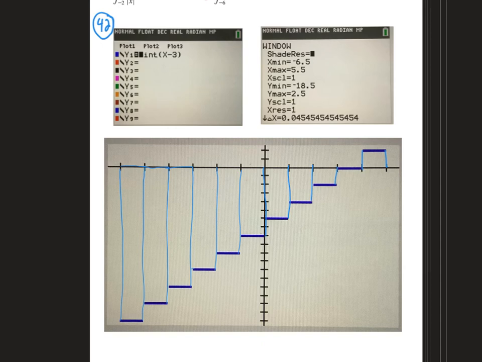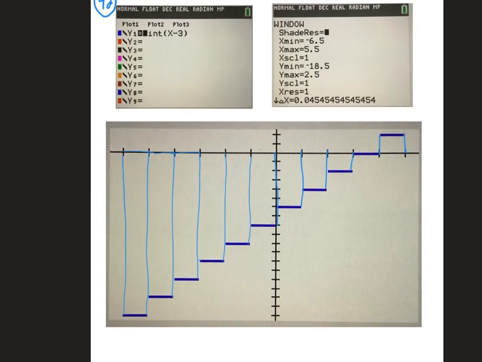This was negative 18, and whatever these intervals are, they're 1, so you just do the y value times 1, and so the y values of each of these intervals are also the area.